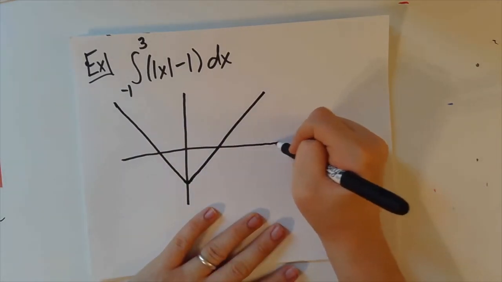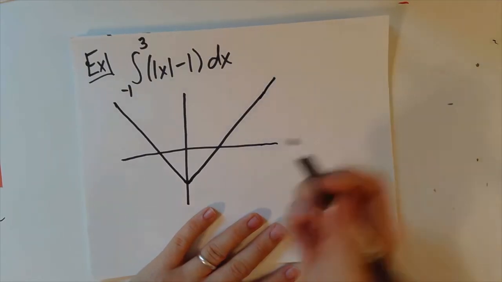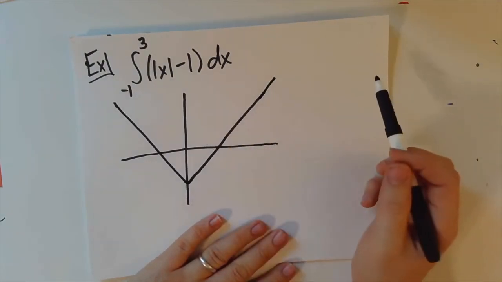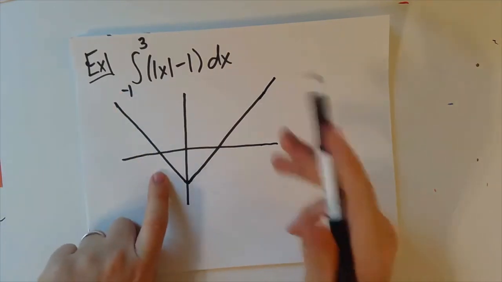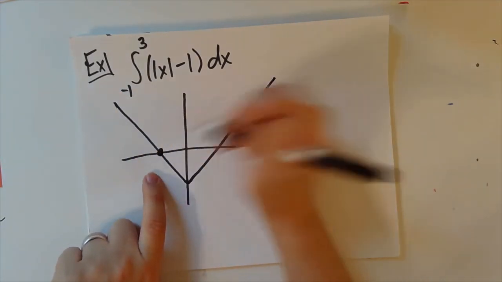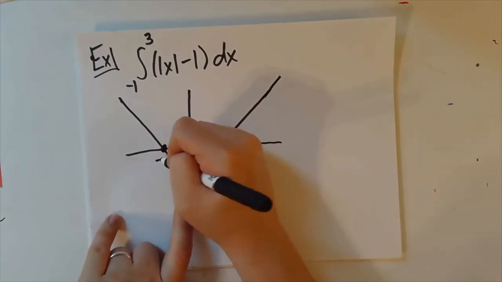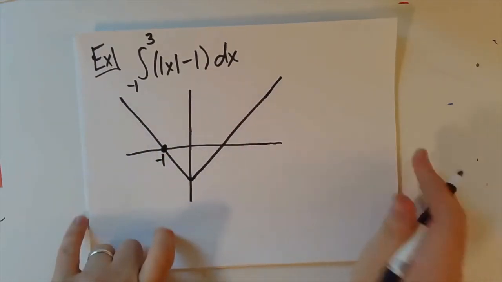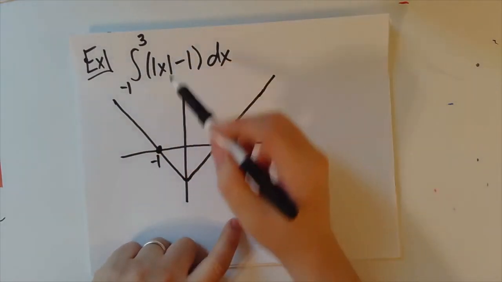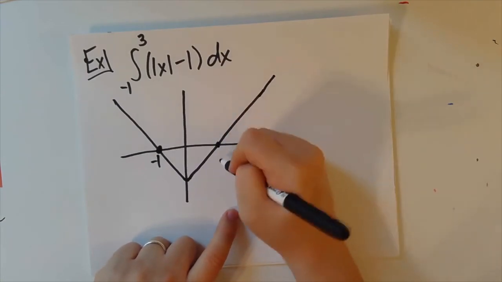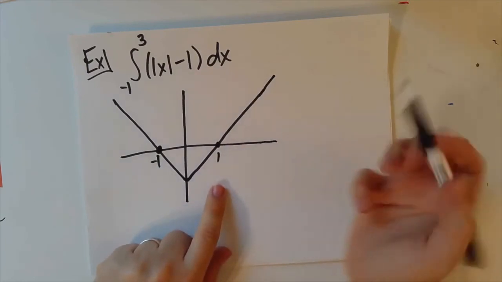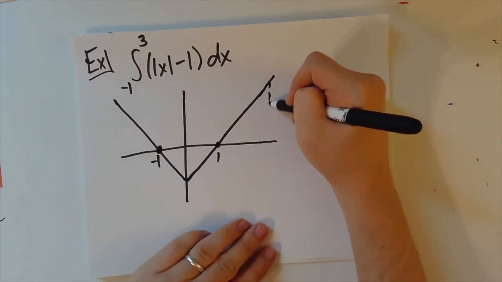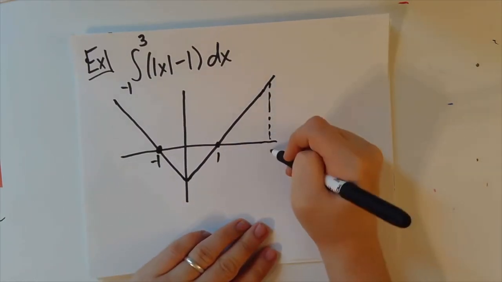So I need to go ahead and label in my bounds. Where is -1? Well, -1 happens to be exactly where this crossing is. So I'm going to start my area there. And this crossing is at 1, because 1 minus 1 is 0. And then 3 is going to be somewhere over on this side.